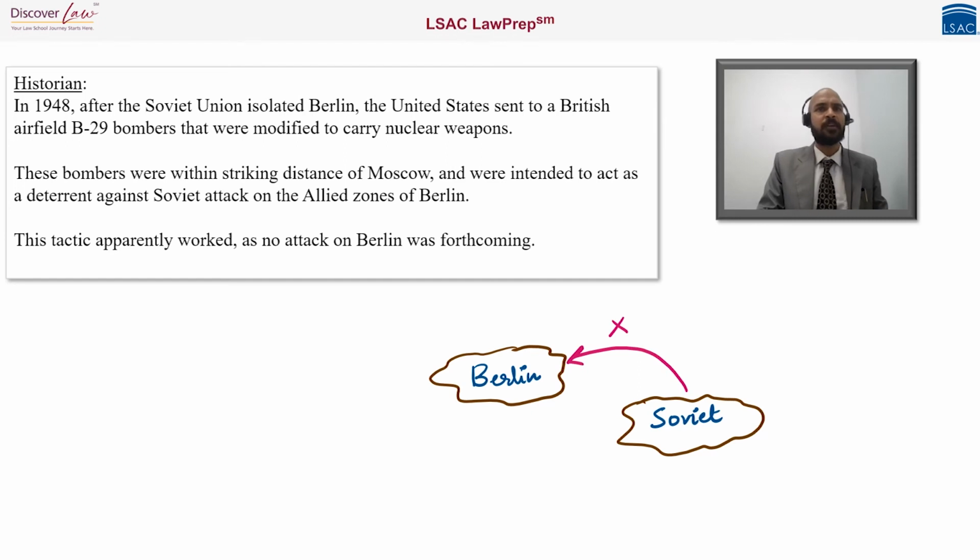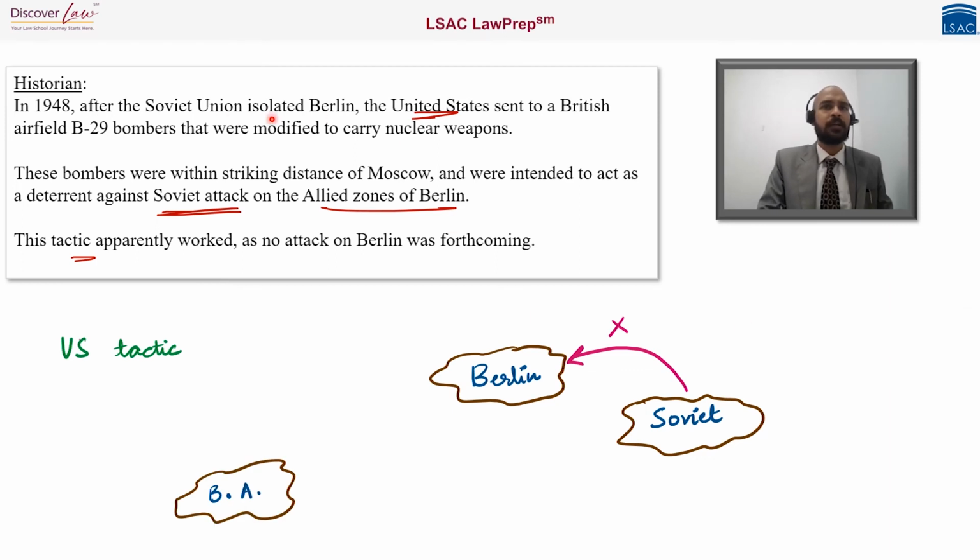And I know from here that the US tactic was to prevent an attack by the Soviet on Berlin. Okay, so this is what he wanted to avoid. Okay, and the US tactic was to bring some B-29 bombers to the British airfield, which I've just called BA.